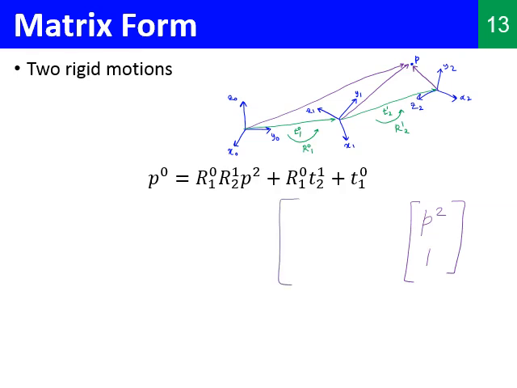I will use the partitions for our convenience. So I have zeros and a 1, and if we are transforming from frame 2 to 1, we have our R12 and the translation part T12.